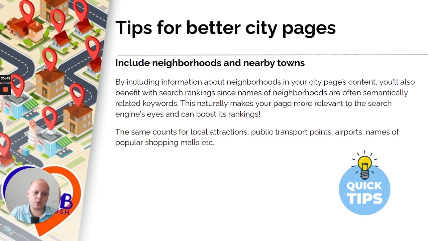So it's easy for Google to relate. This naturally makes your page more relevant in the search engine's eyes and can boost your ranking. The same counts for local attractions, public transport points, airports, names of popular shopping malls, and so on. Anything that clearly identifies the location that you're talking about, use it. Anything goes.